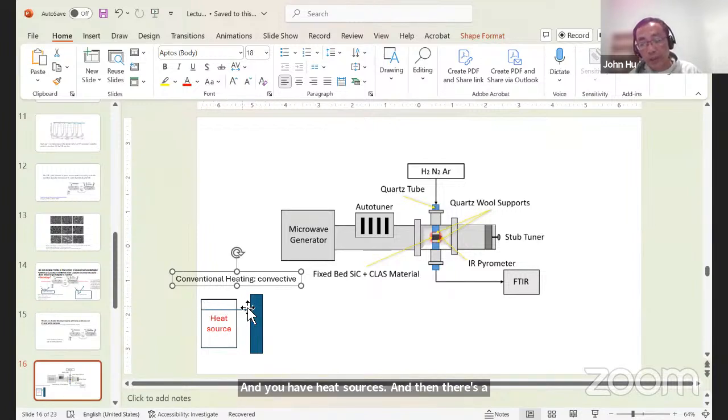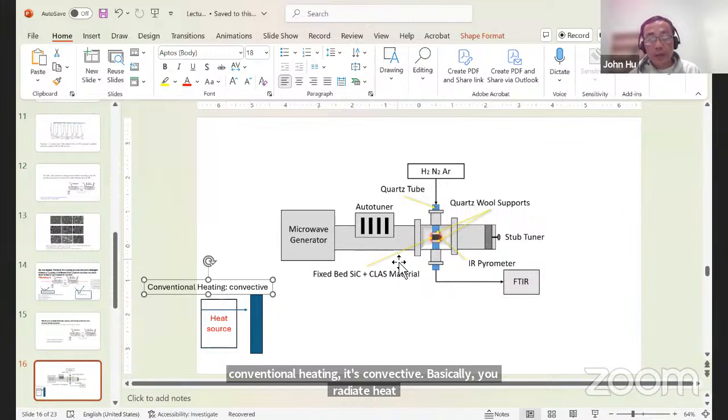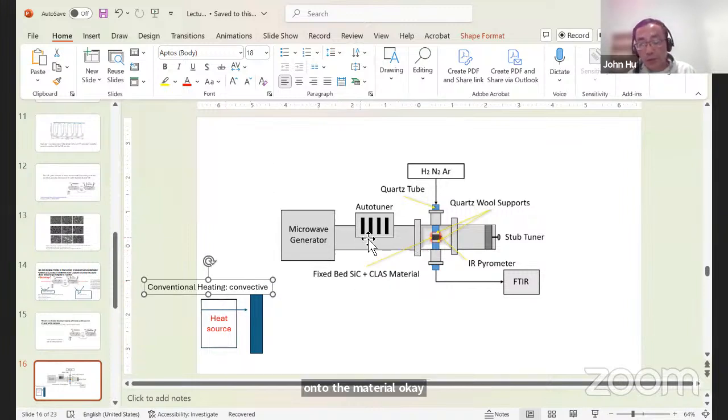Basically, you radiate heat onto the material. In microwave heating, you have the microwave field passing through the material back and forth. The energy is delivered as an electromagnetic field, and then it induces the heating. So it's targeted heating, selective heating.